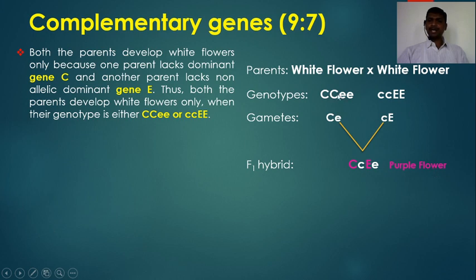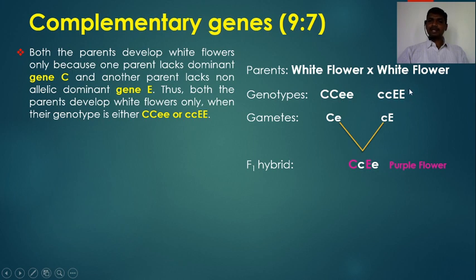While the parent lacks one of the dominant alleles in the genotype, here in case of this parent, it has only one dominant allele for gene C, while the dominant allele for gene E is absent in the white flowered plant.